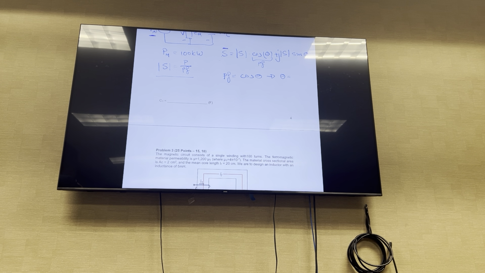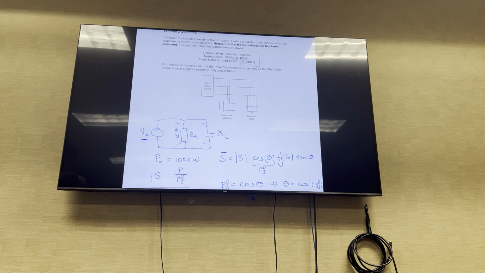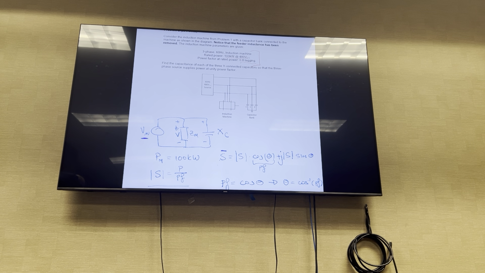So theta will be cosine inverse of the power factor, right? And I believe then theta should be about 36.8 degrees or something like that. If someone can check, that would be great. What I do know by heart is that if cosine of theta is 0.8, sine of theta will be 0.6.